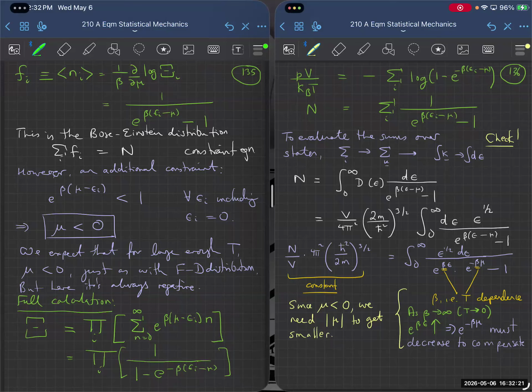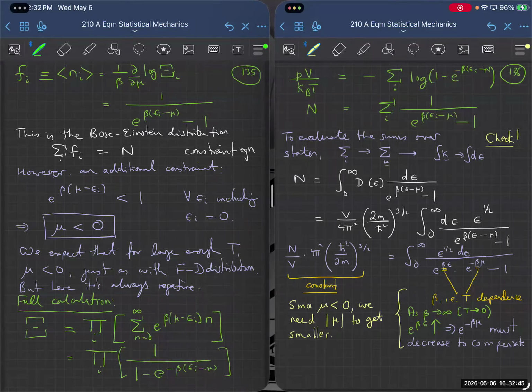We saw this in the Fermi-Dirac case. As you go to high temperatures, the chemical potential is negative, and it gets larger and larger in magnitude as the temperature gets bigger. So the same thing is true here. Therefore, as we take the temperature going smaller, meaning beta gets larger, the absolute value of mu gets smaller.